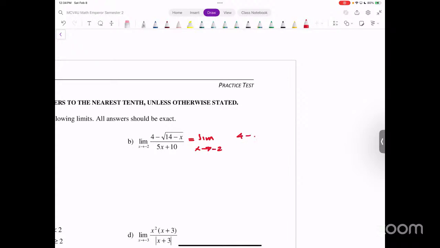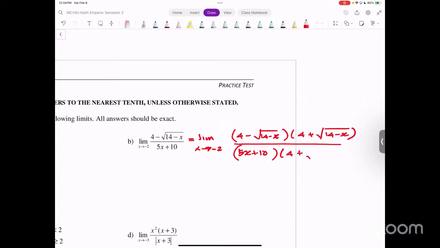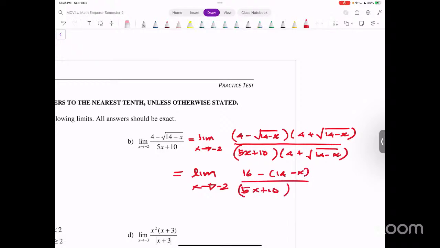So we have 4 minus the square root of 14 minus x, and we're going to multiply by 4 plus the square root of 14 minus x, and then divide by 5x plus 10 times 4 plus the square root of 14 minus x. So that is going to be the limit as x goes to minus 2 of 16 minus (14 minus x) over 5x plus 10 times 4 plus the square root of 14 minus x.